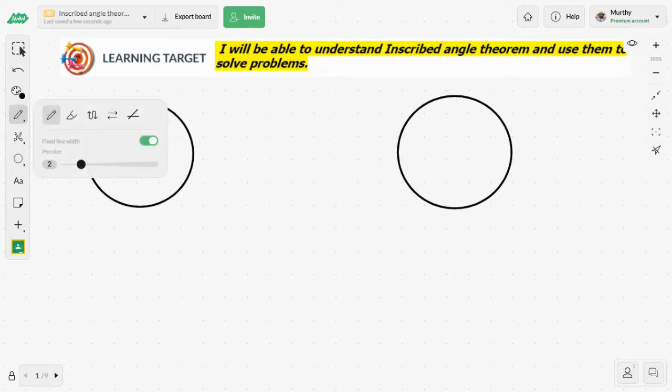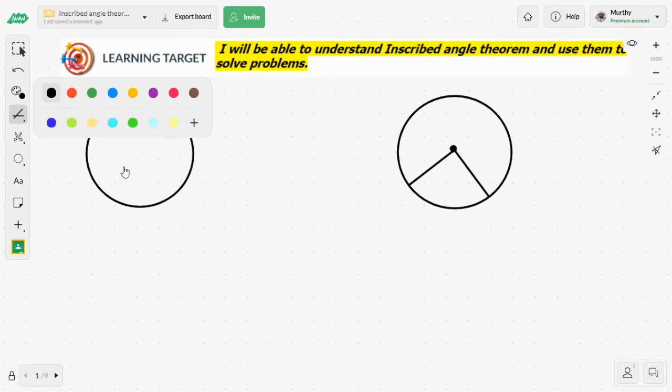Let's say that this is the center of the circle, and the line segment drawn from the center to the boundary is called a radius. So I'm taking two radii. The plural form of radius is radii.